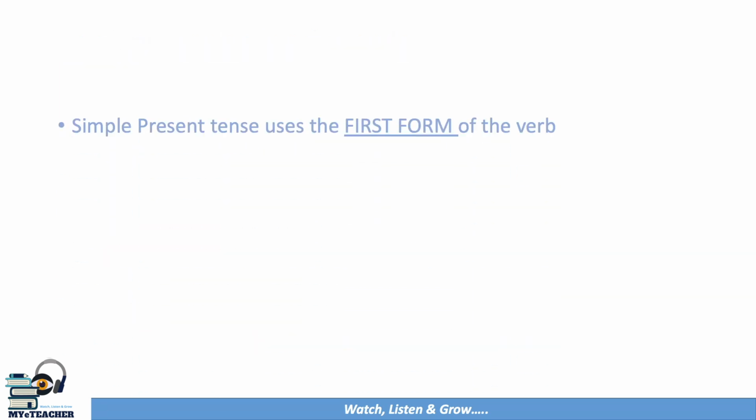Looking at these sentences, we can make out that in simple present tense, the first form of the verb is used. Example, leaves, take, revolves, lives, come, brushes, exercises. All these are first forms of the verb.